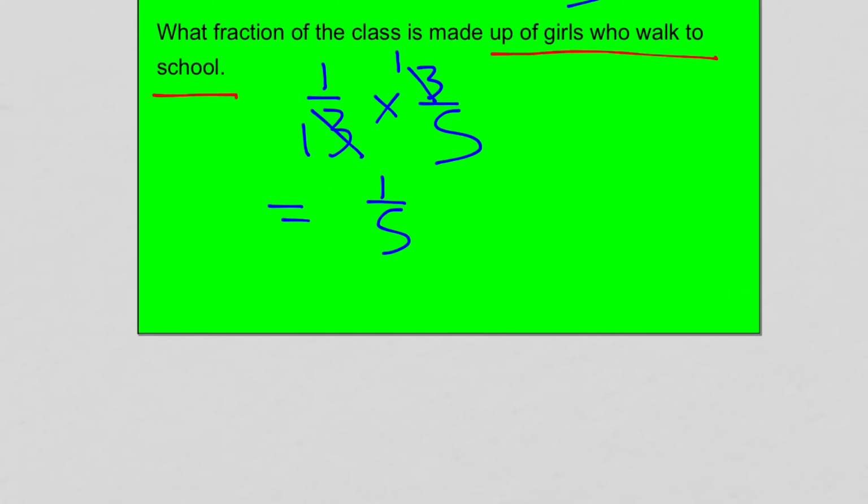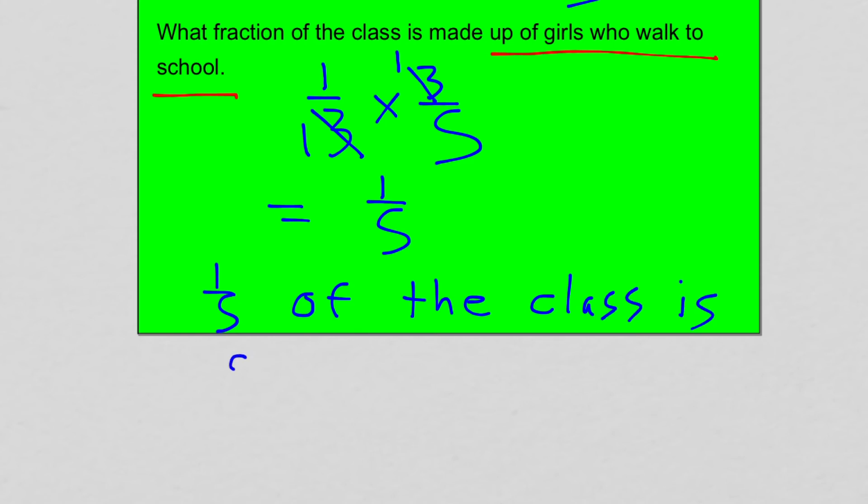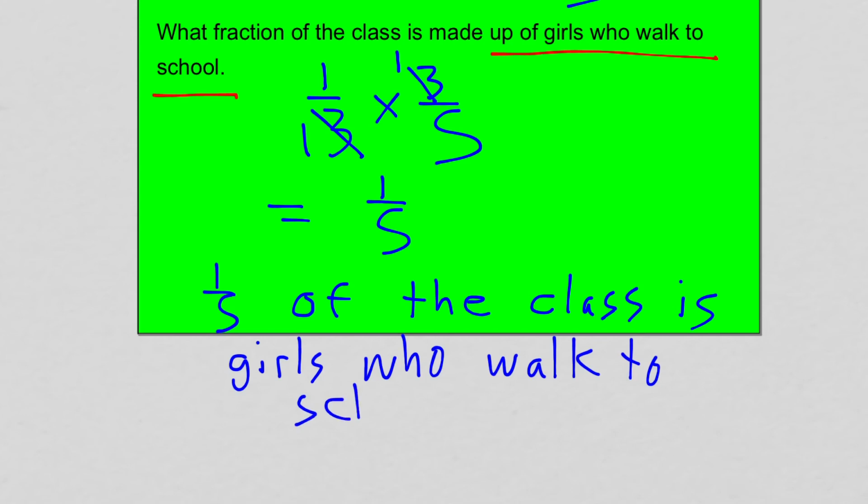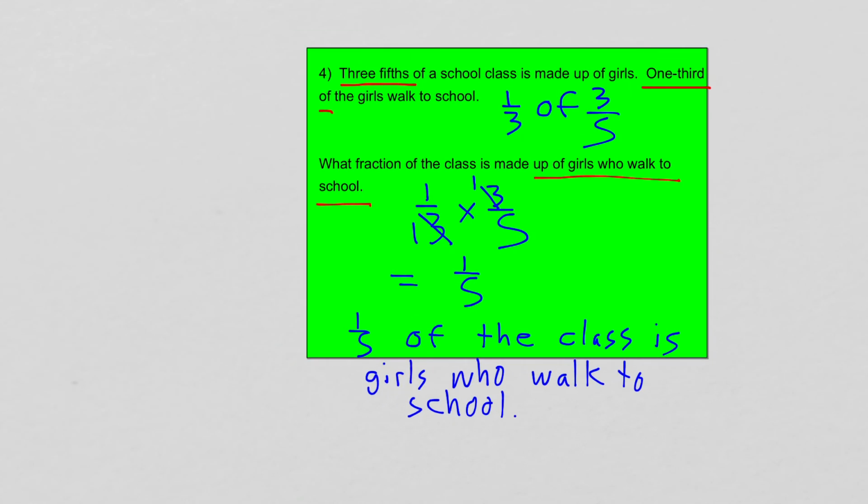What fraction of the class is made up of girls who walk to school? 1/5 of the class is girls who walk to school. Right? Fraction multiplication can be tricky to find in a problem. It's hard to tell if it's subtraction or multiplication.